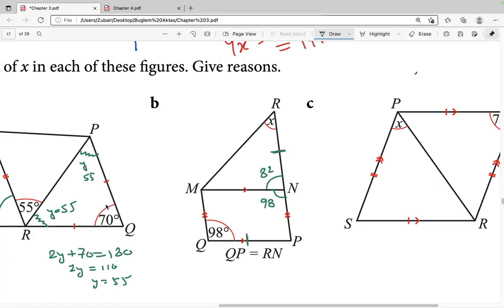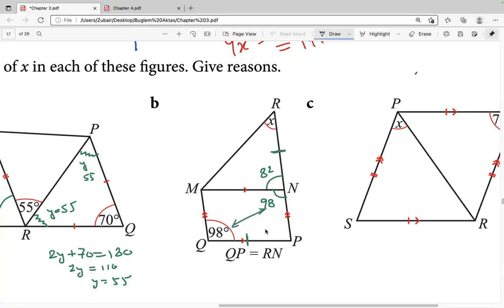I think I'm on the right track. My answer that I always get is above or equal to 180, so I can't find X. You've already answered that these two are 98.